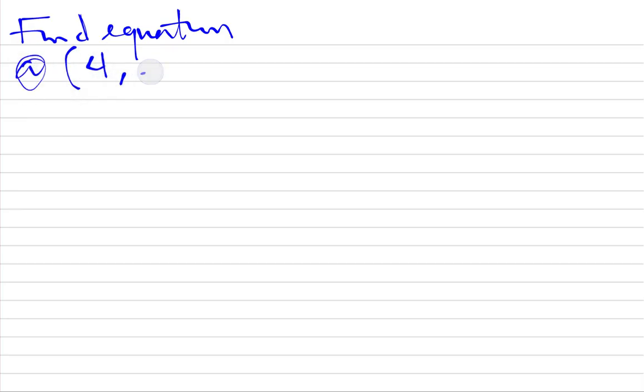So let's see the assignment. The first one: find the equation of a line passing through the point number 1. The first point we have is 4 comma minus 1 with gradient, so this one you are given the gradient.